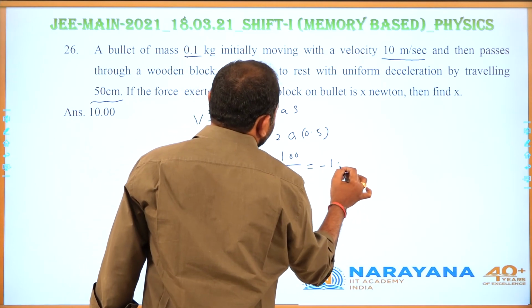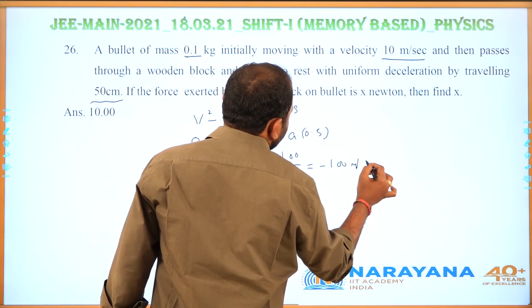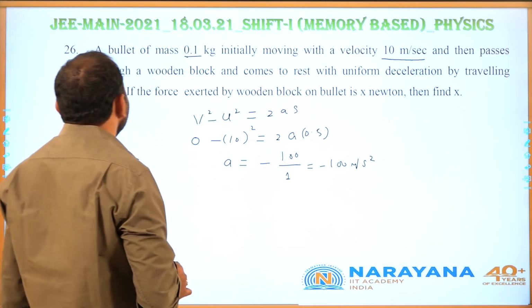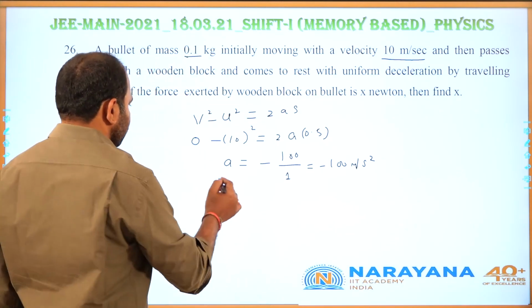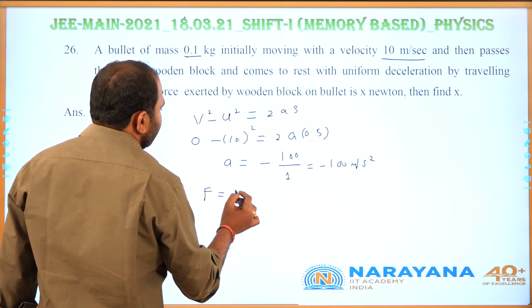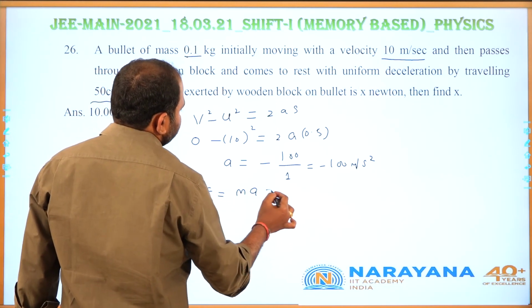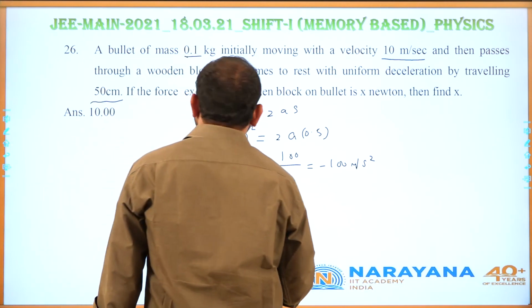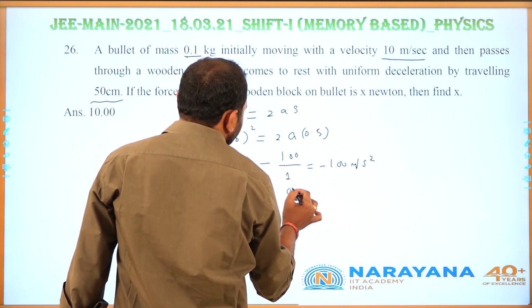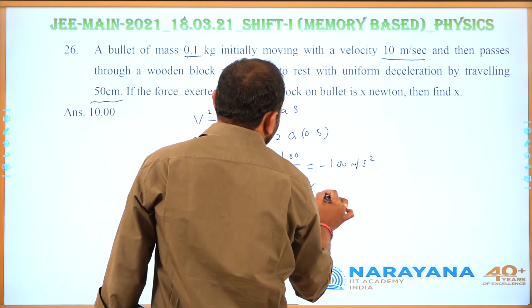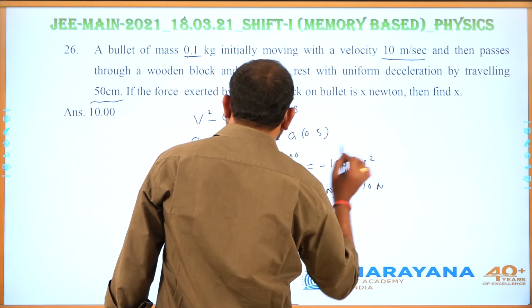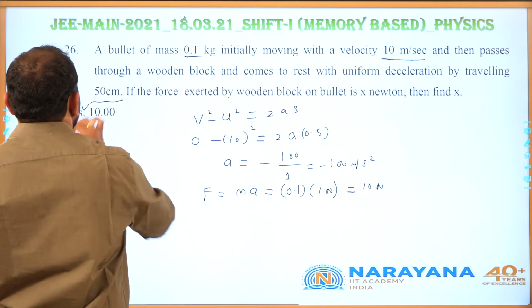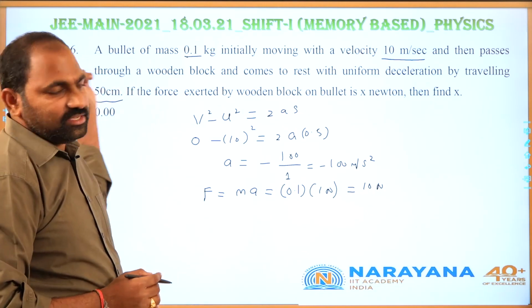So this is minus 100 meter per second square. Now the force exerted by the wooden block on the bullet equals mass into retardation. It will be mass 0.1 into magnitude of retardation 100. So it will be 10 newtons. So the answer should be 10. Let us go to the 27th question.